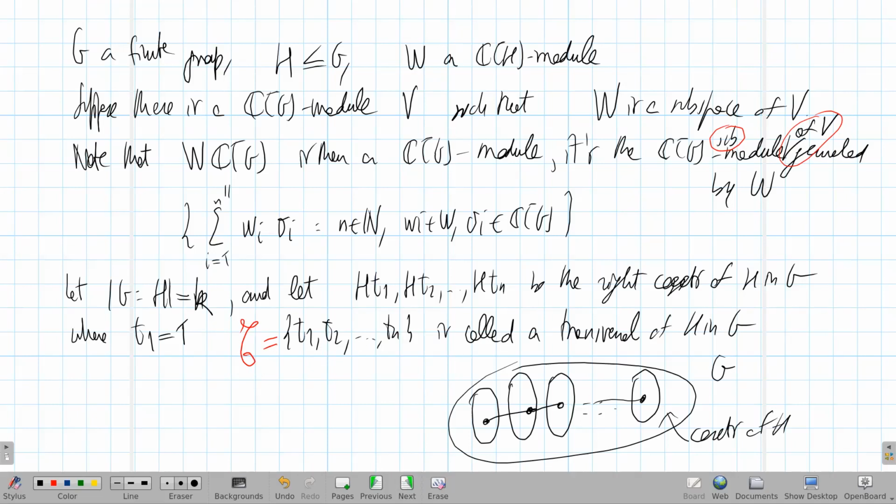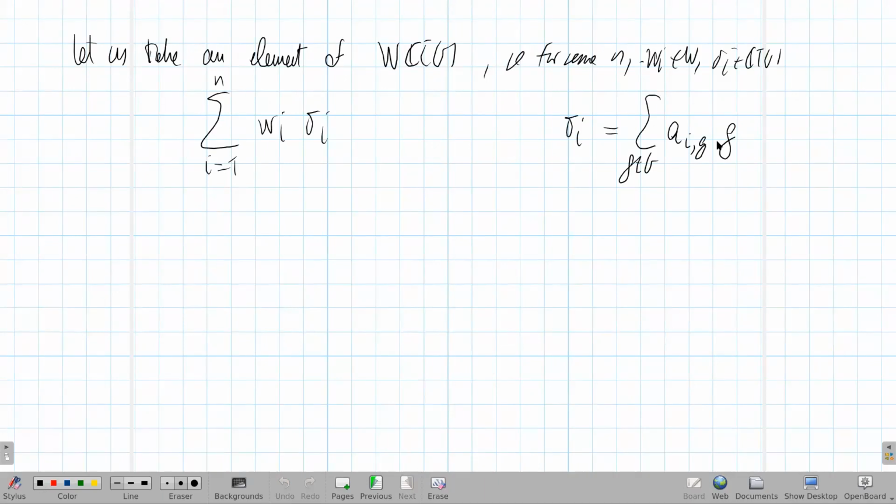And you can rewrite this with h in H and t in the transversal, so h in H and j from 1 to n. So I have a_ig, and I write an element of G as an element in H and an element tj.